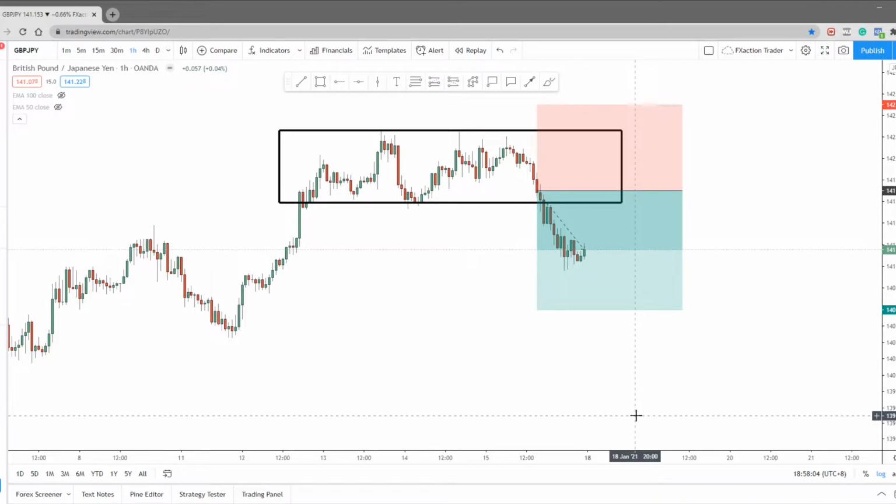Alright, so let us go into this trade, and I'm going to explain to you why I took a sell trade. On your screen now, you can see this is the pound yen chart on the H1.